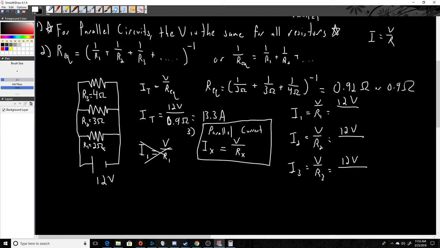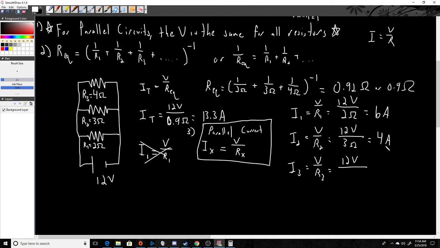All right, resistor 1 we said was a 2 ohm resistor. So we've got 12 volts divided by 2 ohms. If I remember right, it should be 6 amps. So I've got 6 amps of current going through the small loop here. For the second resistor, I've got 12 volts divided by 3 ohms. And 12 divided by 3 should be 4 amps.